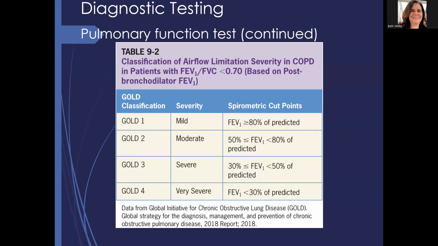These are guidelines for COPD diagnosis and classification of airflow limitation severity. Airflow limitation that is irreversible or only partially reversible with bronchodilator is the characteristic physiologic feature of COPD. In other words, very little of the airflow obstruction can be reversed in patients with COPD.